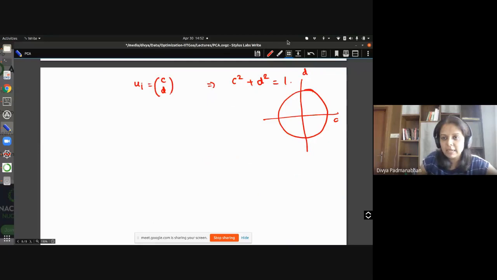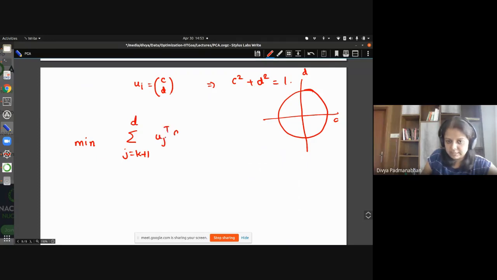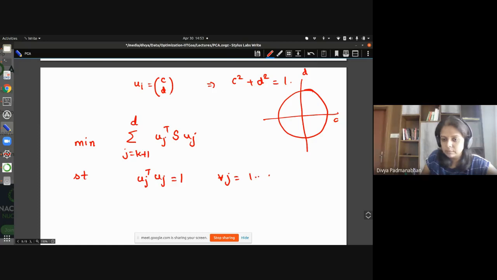But let's look at a modified problem where I'm looking at minimize summation j equals k plus 1 to d of uj transpose S uj, subject to uj transpose uj equal to 1 for all j equals 1 to d.